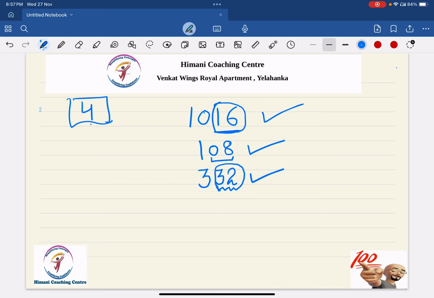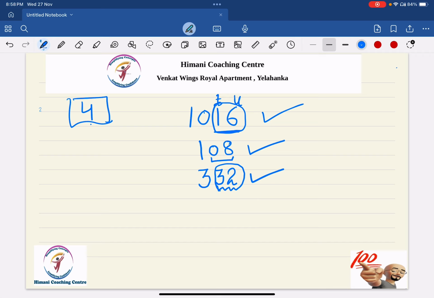Okay. So what are we saying? Look at the last two digits, which are also called the units digit and tens digit. But for now, even if you just understand the last two digits, look for that, and if those two digits are divisible by 4, then the number is divisible by 4.